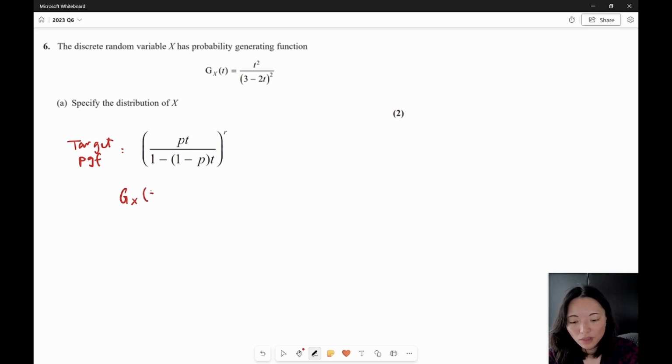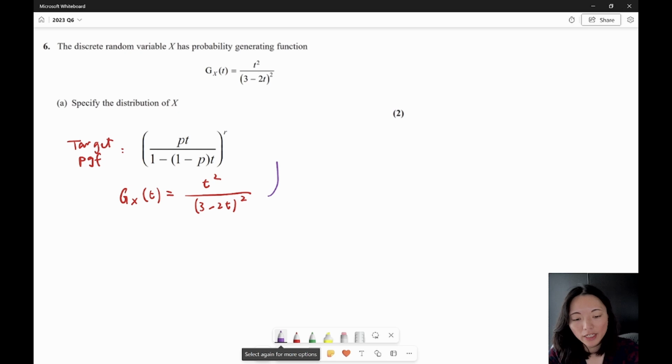Let's write down the probability generating function in our question. When we see an expression like this, and we want to get it to an expression like the one in the formula book, the first step that I would normally do is to try and convert this constant, this 3, into a 1, and see what I need to be dividing by in top and bottom in order to make that 3 into a 1.